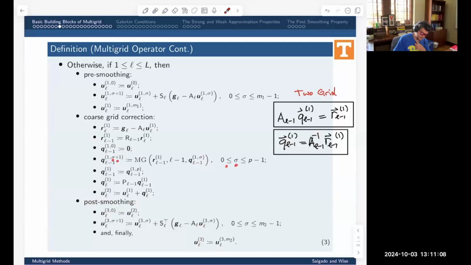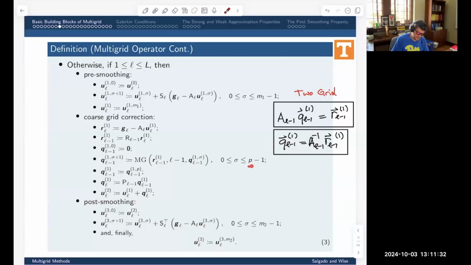Sigma starts out as 0, so this becomes Q_{L-1}^1. Then we're going to throw that back in here, and do that process again. It's going to spit out Q^2, and we're going to do that again. Q^2 goes in there, Q^3 comes out, until we reach the p-value that we specify in advance.